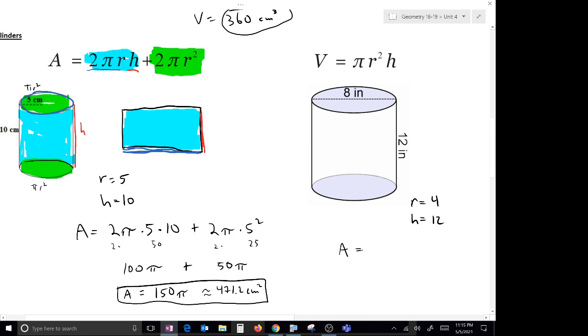Okay, so surface area is going to be 2 times pi times 4 times 12 plus 2 times pi times 4 squared. So 4 times 12 is 48 times 2, that gives me 96 pi here, plus 4 squared is 16 times 2, which is going to give me 32 pi, which altogether is going to give me 128 pi.